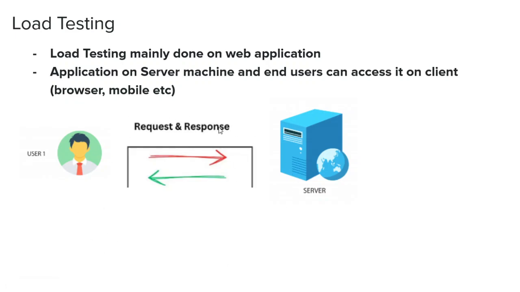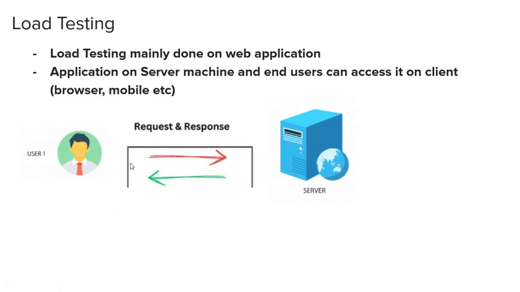Such applications are hosted on a server machine, and the end user accesses them on the client, which is nothing but the browser. It can be a browser on mobile or on a computer, and from there the user can access that application, and internet is required for that.